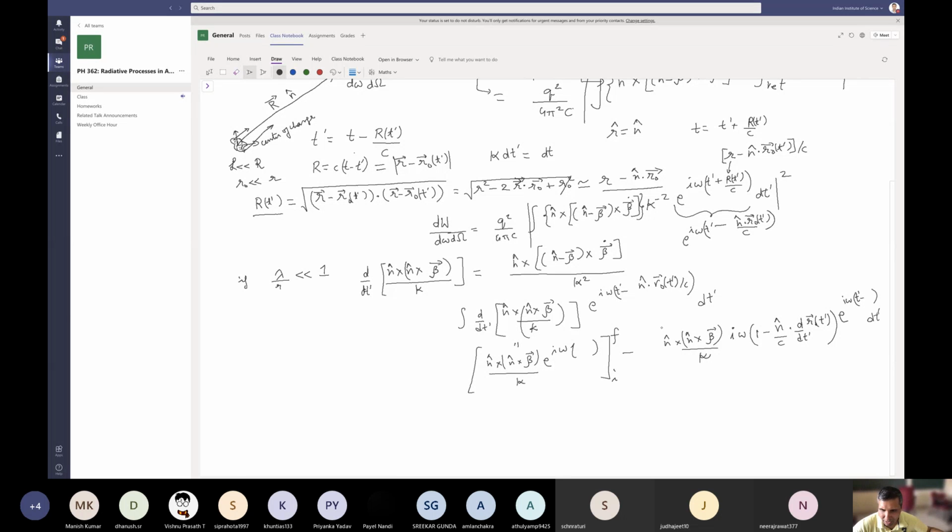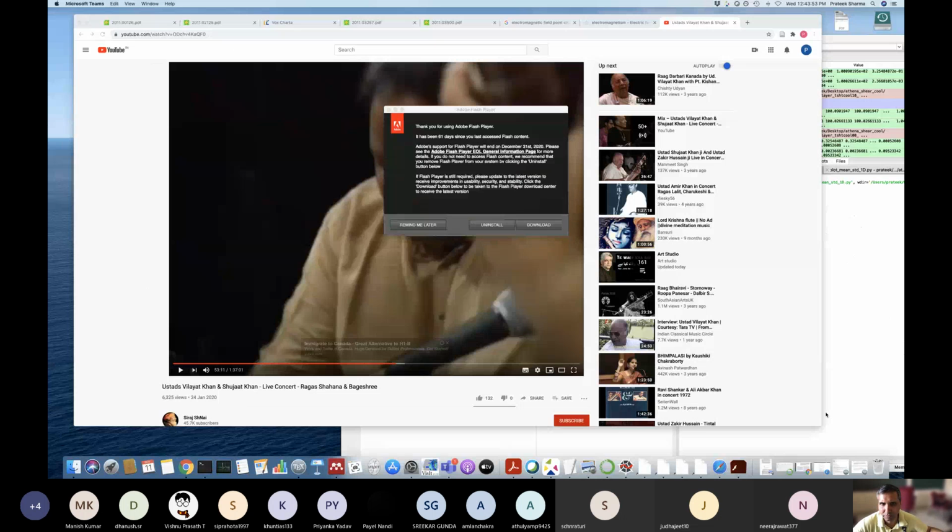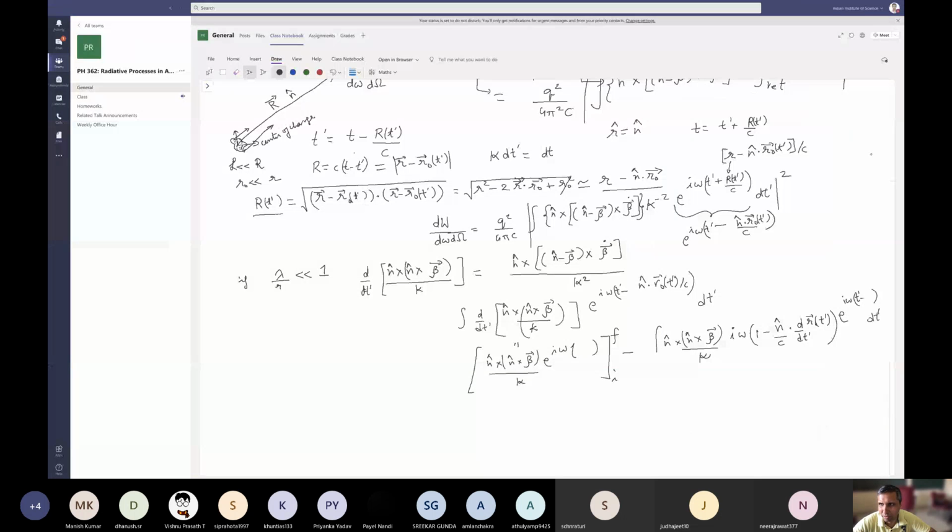So you will have this integral. We also know this dr naught/dt'. If you recall, this is nothing but kappa. So this kappa and this kappa will go away. This is somewhat tedious, but not difficult to do.